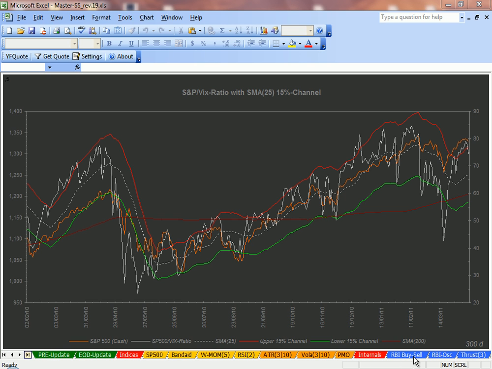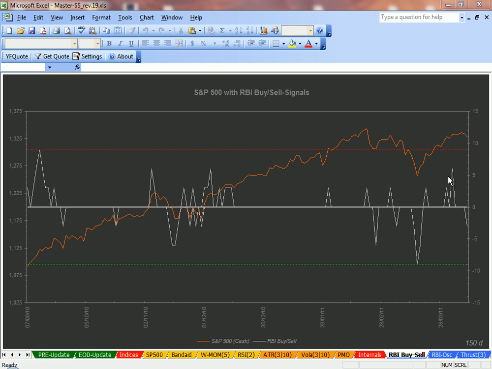Short term here, you see our RBI oscillator was on a sell signal just above, not quite to an extreme sell signal near the highs. Now it's modest oversold. I'm really looking at the moment at two things that are slightly oversold that could give us a bit of sideways action if this doesn't break down through the 1317 area.